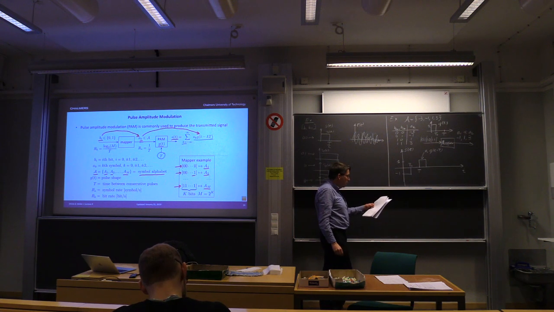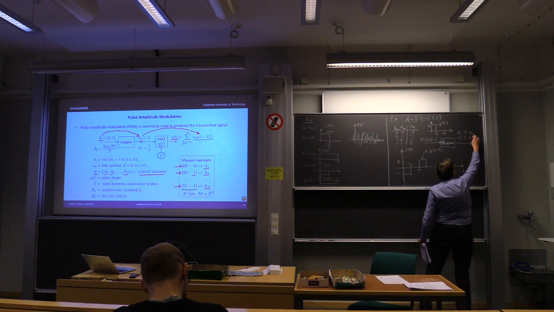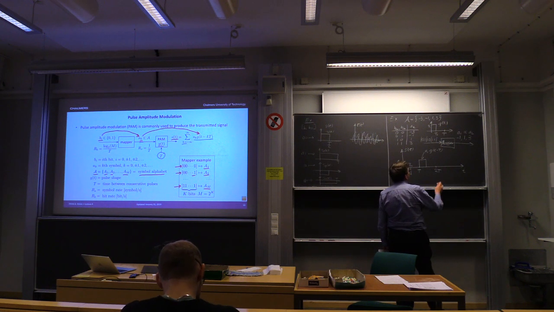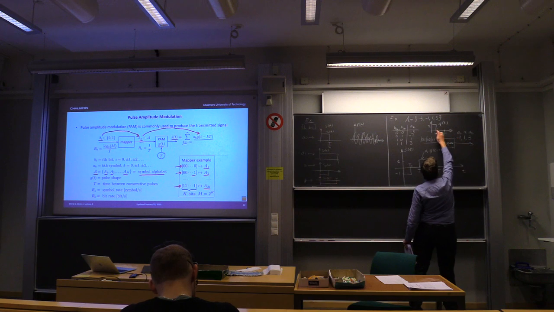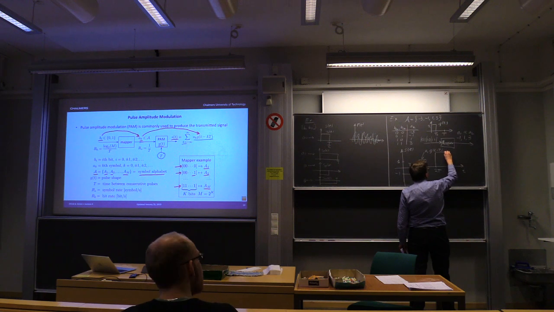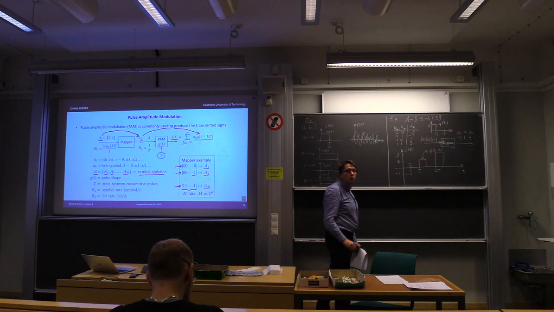And then at time 2T, we need to transmit A2. Okay, it's amplitude 3, multiply that with g, and then we get, okay, the scale is not super good here, but suppose that this is amplitude 3.